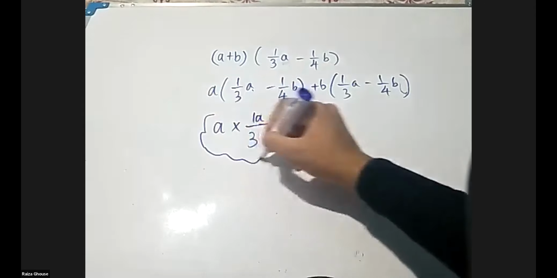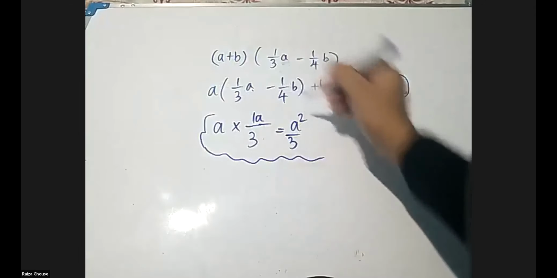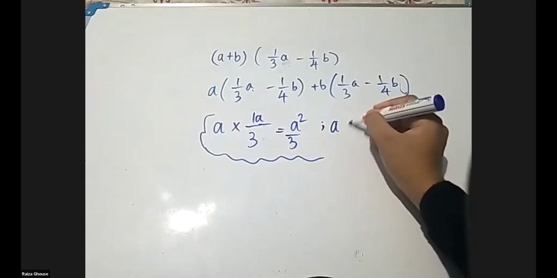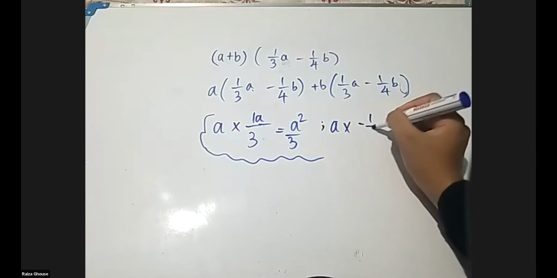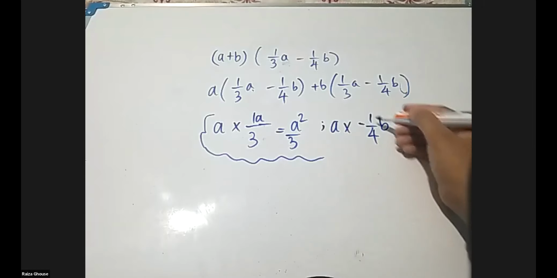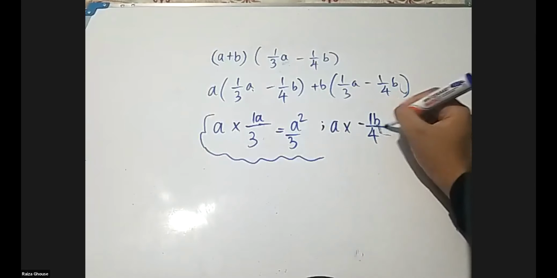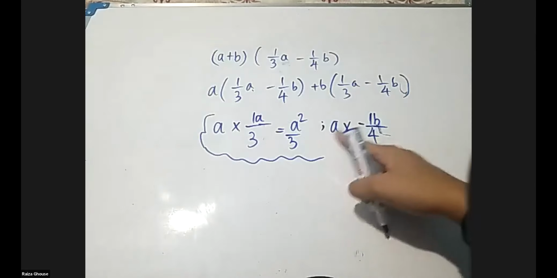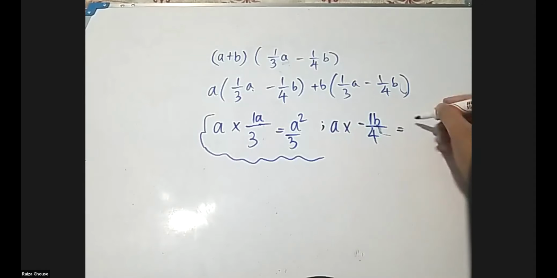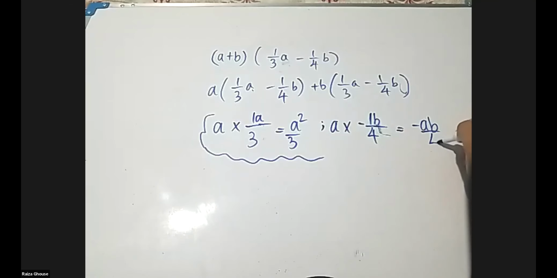Let me put a cloud for this. Now this one. A into negative 1 over 4B. That means B belongs to the top part, so I can write 1B. How do you multiply? A into minus 1B is minus AB over 4.